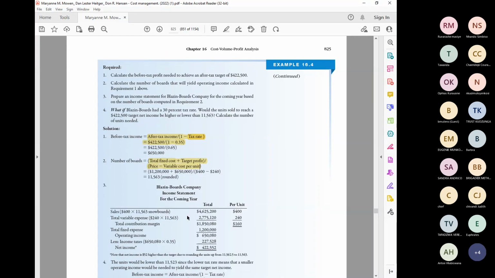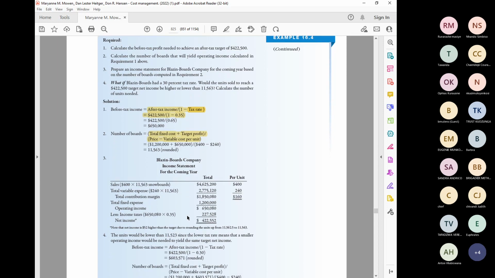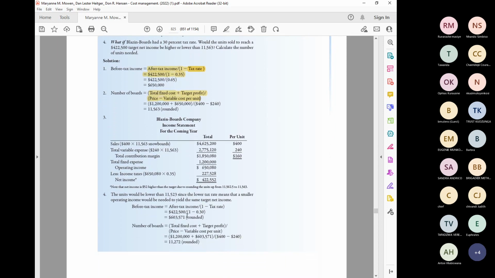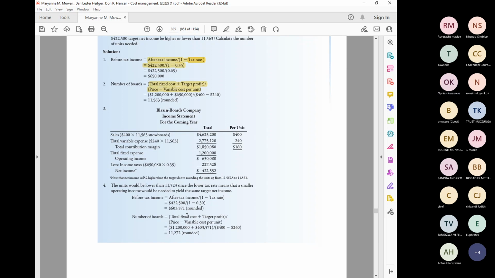Solution number 3. It is saying we should prepare a comprehensive income statement. So we say sales. We get sales by saying 400 times 11,563. And then we get our total sales, followed by total variable expenses.